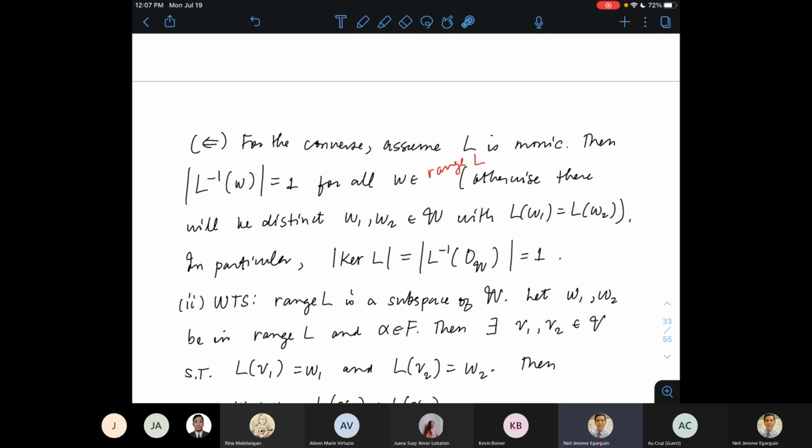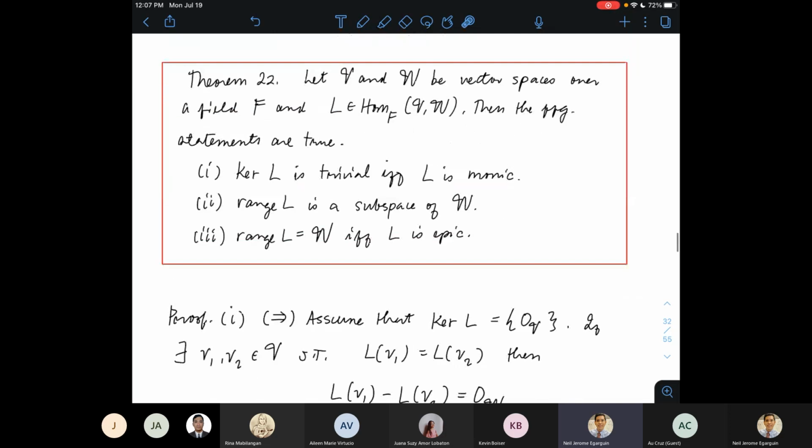And since the kernel must have only one element, necessarily it should be the 0 vector in the domain. So that means the kernel is trivial. Okay? And that completes the proof of Theorem 22.1. All right? Everything's good?